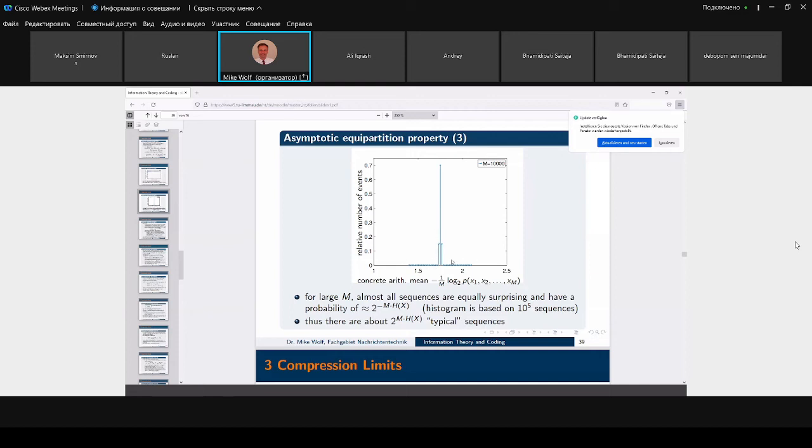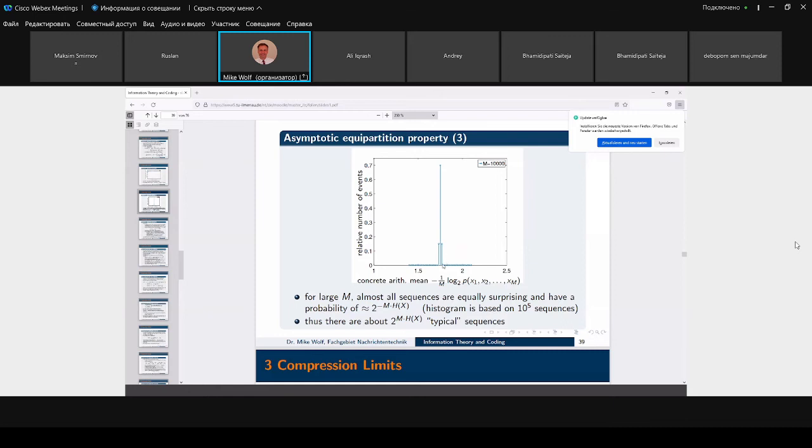And then I show here the concrete arithmetic mean of this information content of a long sequence. And we get different results for this arithmetic mean of the information content. The histogram again uses 100,000 realizations. So I repeat this experiment 100,000 times in order to build a histogram, to make a statistic.